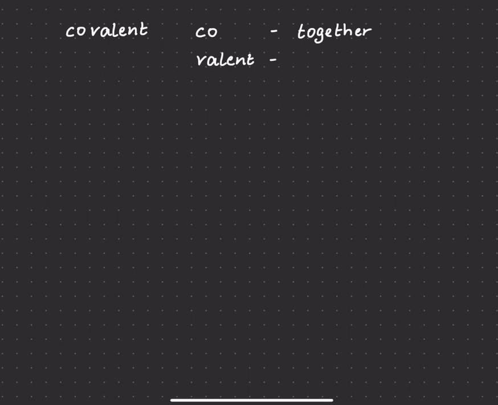And valent comes from valens, which comes from the Latin meaning of strength or power, which is the property the outer electrons have. They have the power to react. And so covalent could mean something like power together.